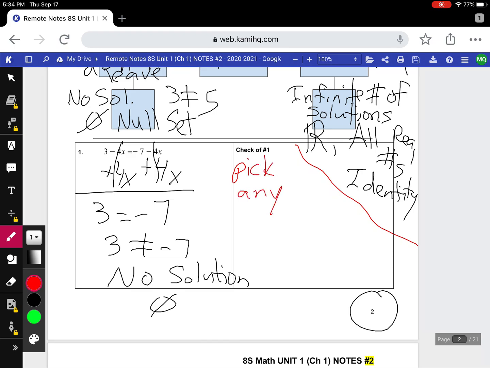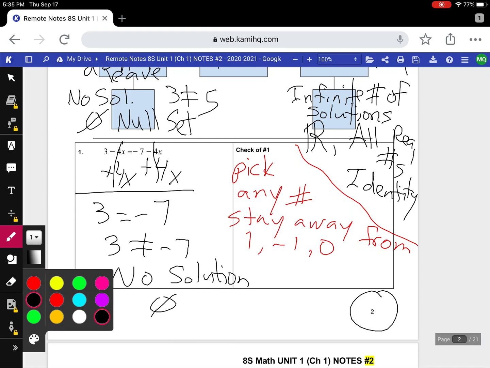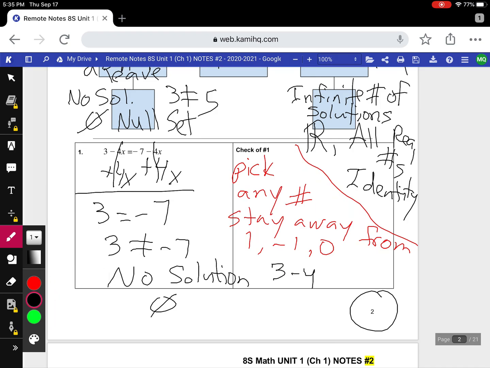I would stay away from 1, -1, and 0. So pick any other number. Maybe I'm going to pick the number 2, okay? I'm going to go to my original equation, and I'm going to do 3 minus 4. Oh, look, I came across an x. I'm going to put in my number 2. Okay, so let's do that.